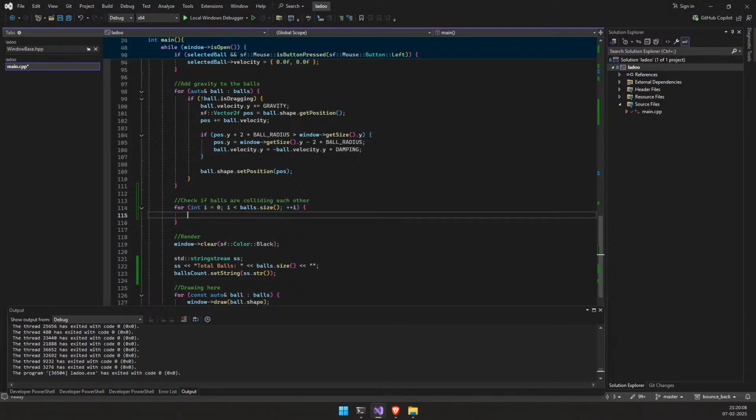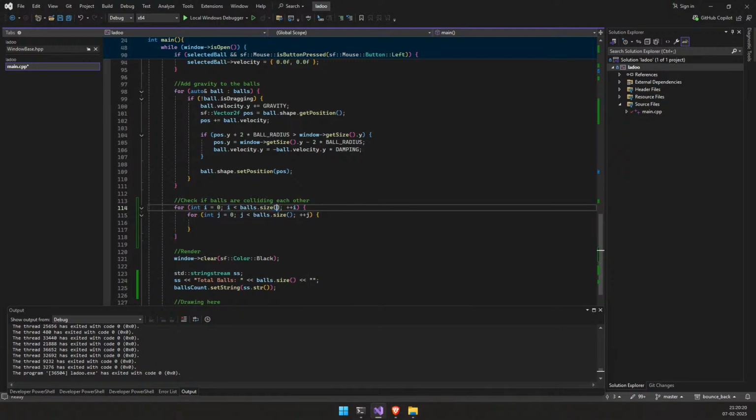Okay, what we can do is, these are two balls, right? So if the shape palms are within, close to each other, I mean, right?